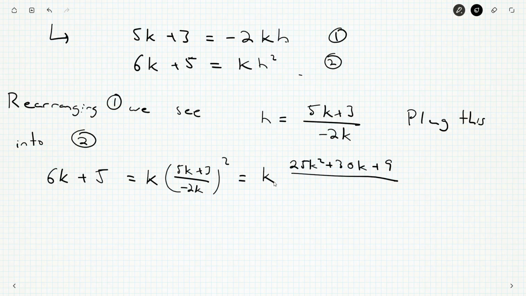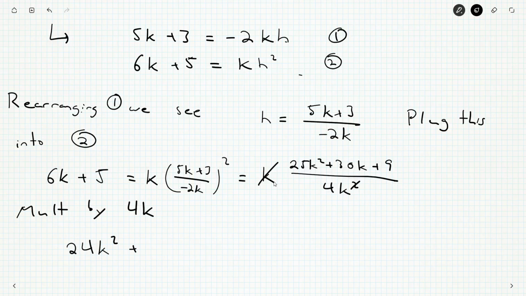And that'll be 4k squared down here. Now one of these k's and one of these k's will cancel. And so we'll multiply by 4k on both sides. We'll get 24k squared plus 20k has got to be the same as 25k squared plus 30k plus 9.